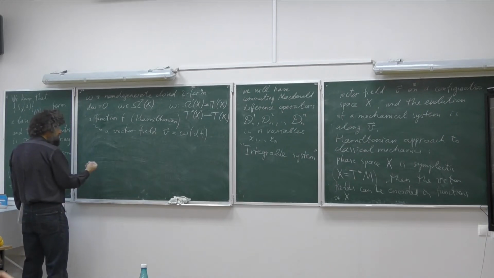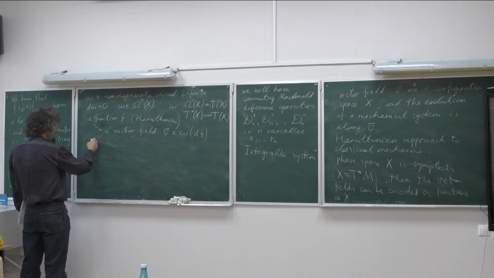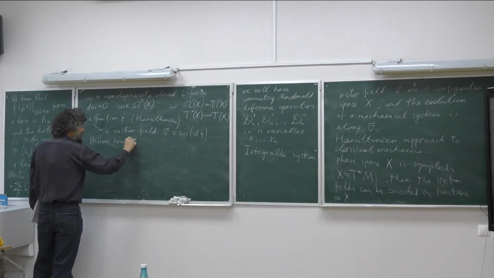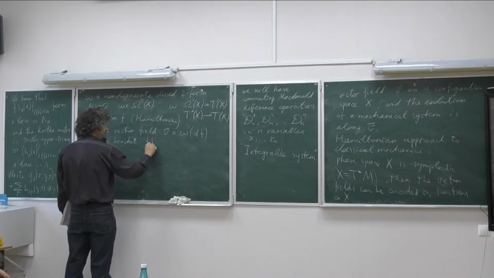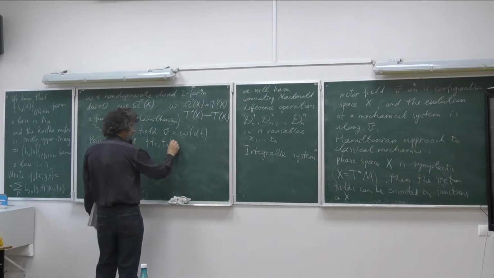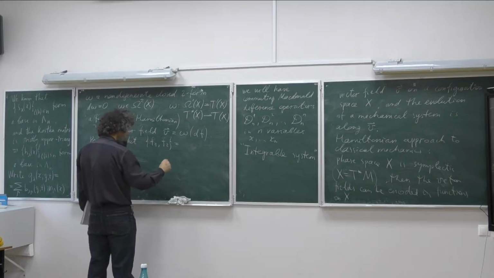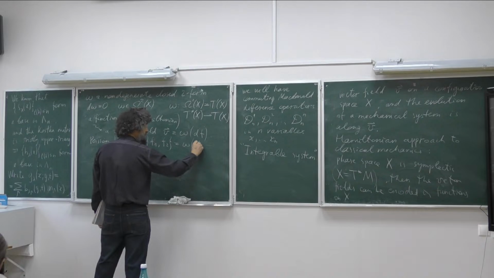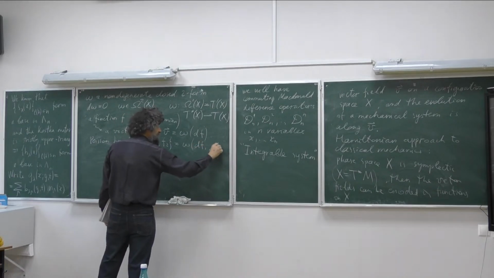And then the Poisson bracket of two functions, f1, f2, is just omega applied to df1, df2.